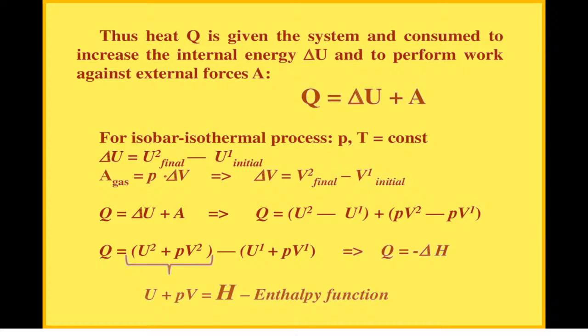And let's consider an isothermal process. Pressure and temperature of the system are constant. The change of the internal energy leads to a change of the state of the system, and this change is shown here as the change, look, not a difference: final internal energy at the second state.